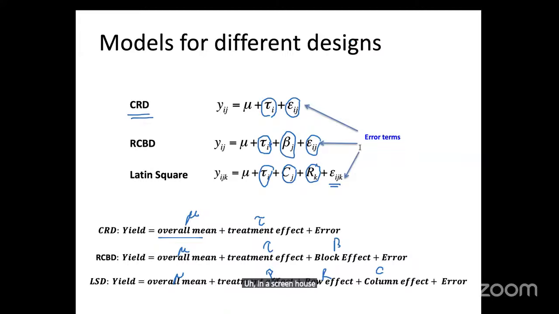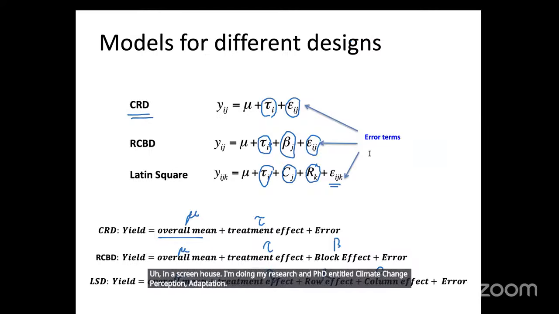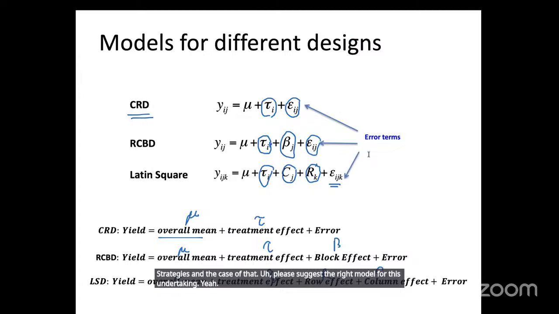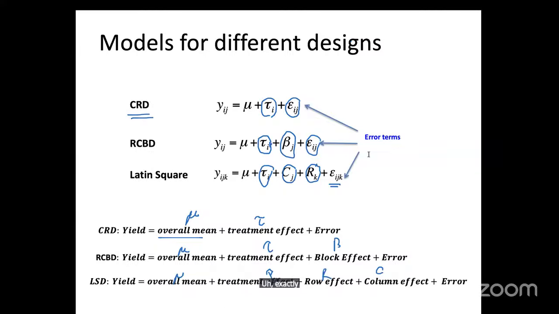I'm doing my research for my PhD entitled Climate Change, Perception, and Adaptation Strategies. Please suggest the right model for this undertaking. Yeah, Taye, yesterday we had a discussion on how the model is supposed to be selected. The first thing is you need to know exactly what your response variable is.